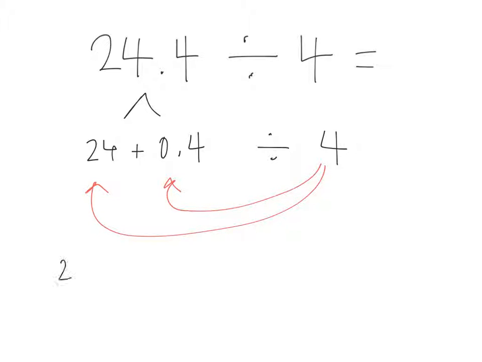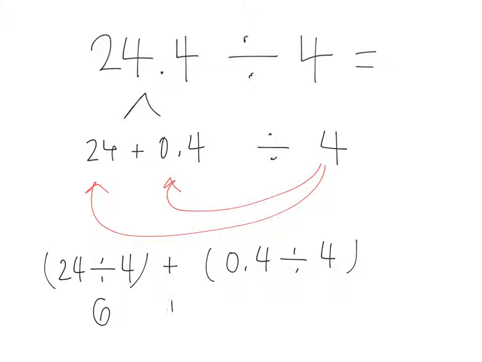So therefore, this is the same as 24 divided by 4 plus 4 tenths divided by 4. So what's 24 divided by 4? 6, plus, what's 4 tenths divided by 4? 1 tenth, because if I have 4 tenths and I'm giving 4 people each one of them, I'll have 1 tenth. So therefore, the answer is 6 1/10.